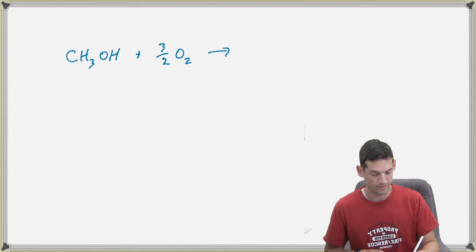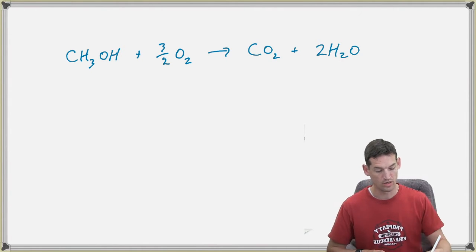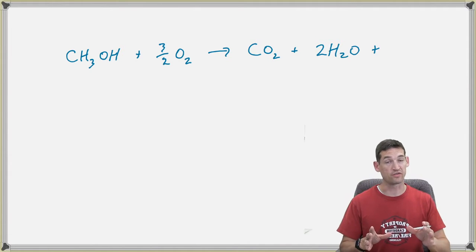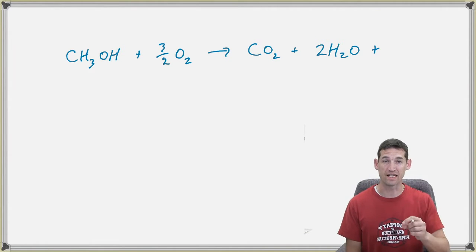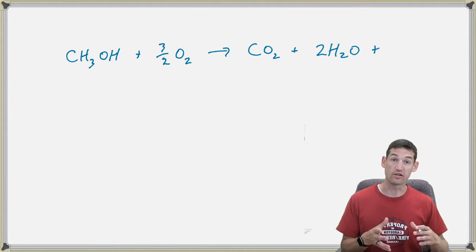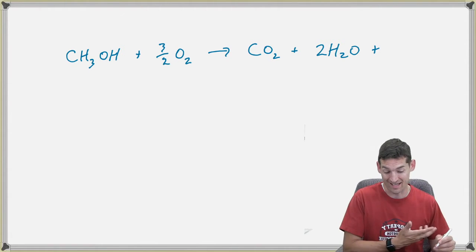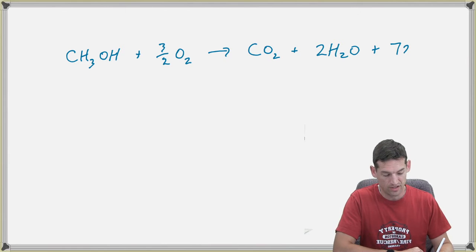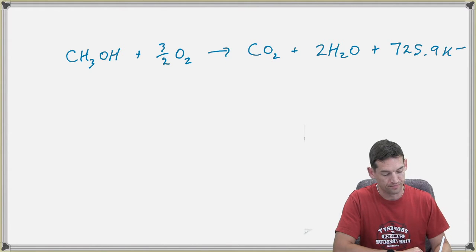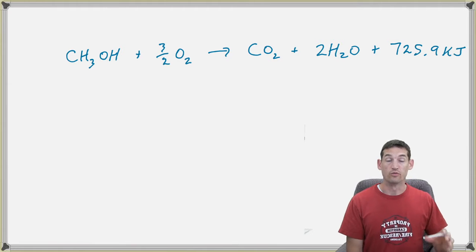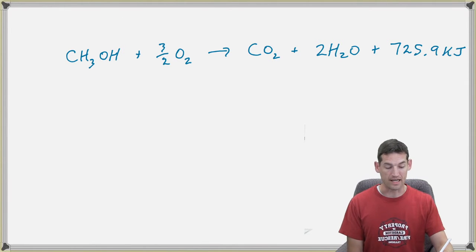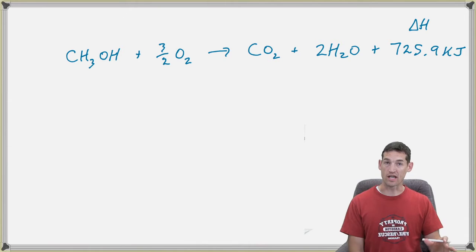So I would have my CH3OH plus 3 halves O2 gives me CO2 plus 2H2O plus, now this is a difference here, it's not negative anymore. Remember, the negative just meant exothermic. Here, the part that's exothermic just tells me it's on this side. So it's plus 725.9 kilojoules. Remember that this number is a delta H, not a delta HM.